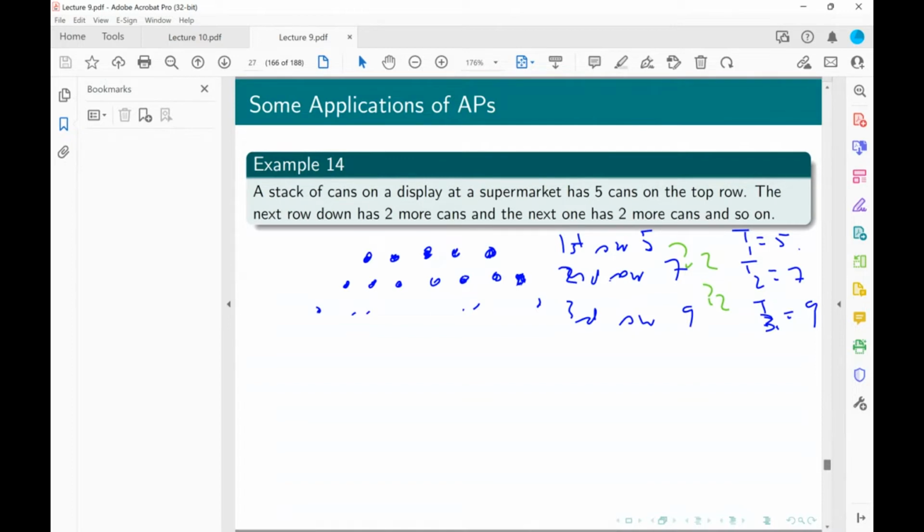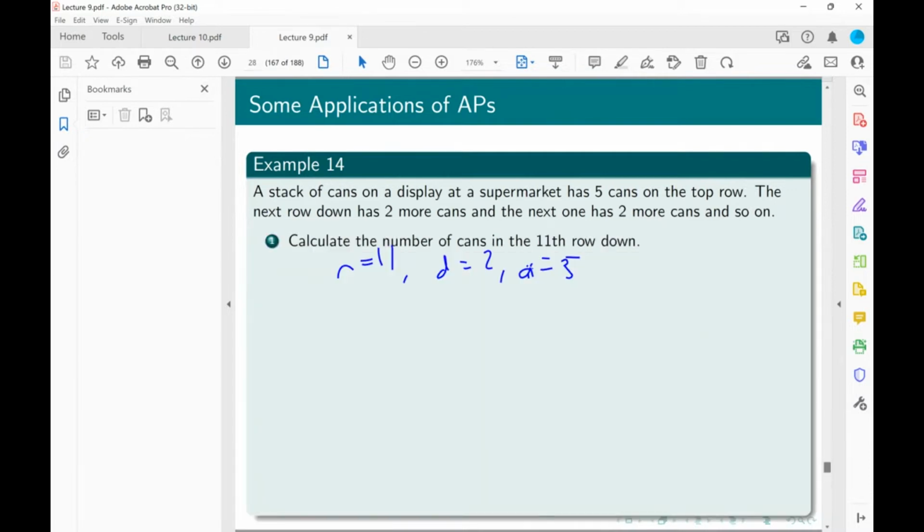This was just one of the applications of arithmetic series where we had these cans. We noted that the first row has 5 cans, second row has 7, and third row has 9. With these three pieces of information, if we want to calculate the number of cans in the 11th row down, we're simply asking for T11.